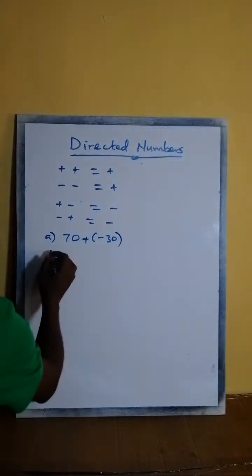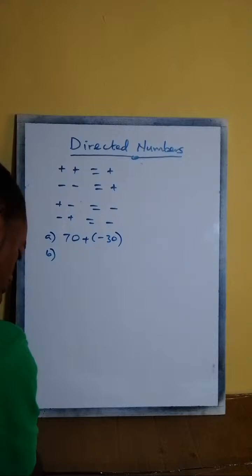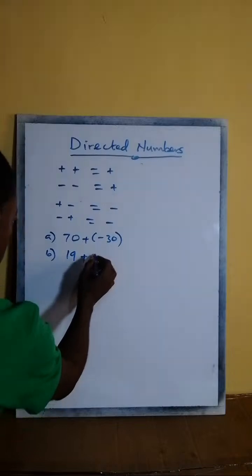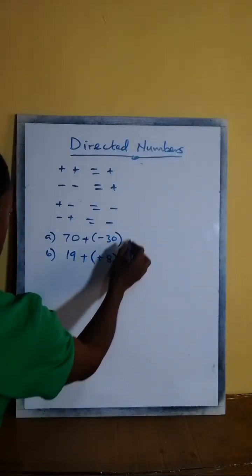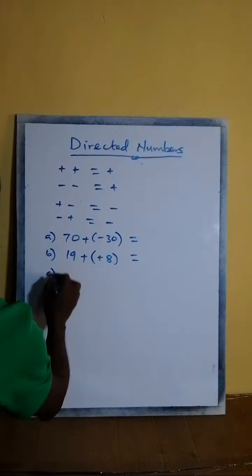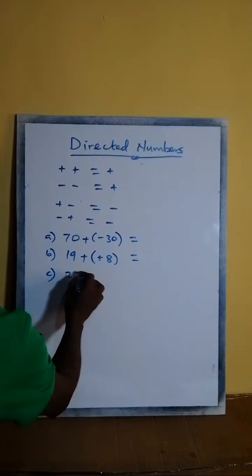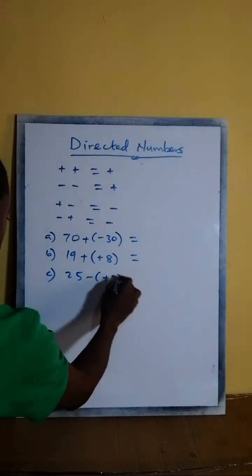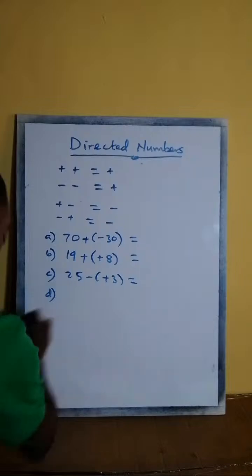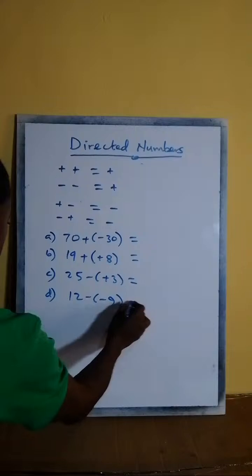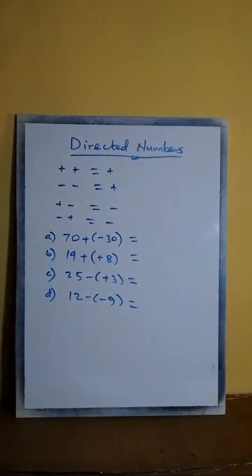What is this? B, we have 19 plus 8. What is this? Then C, we have 25 minus plus 3. The answer here? Then D, we have 12 minus 9. What is this? So these are some examples for us to try, or some exercises rather.